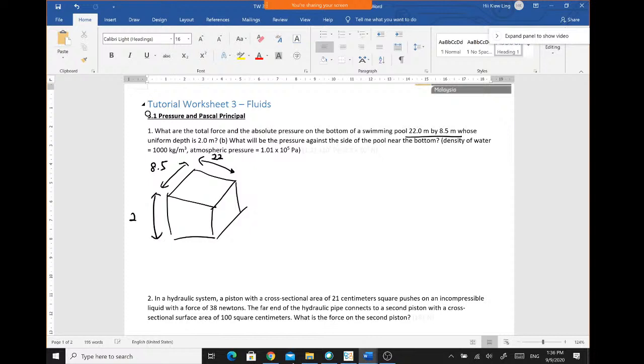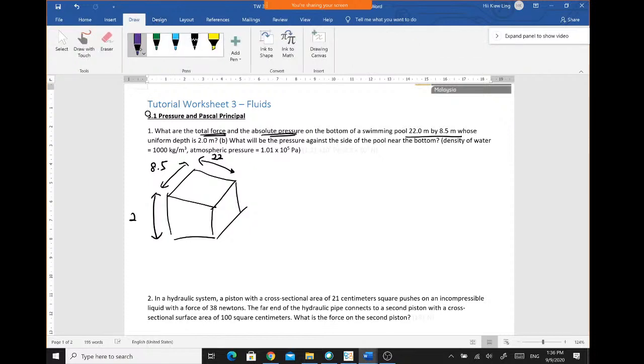So what is the total force and absolute pressure at the bottom?